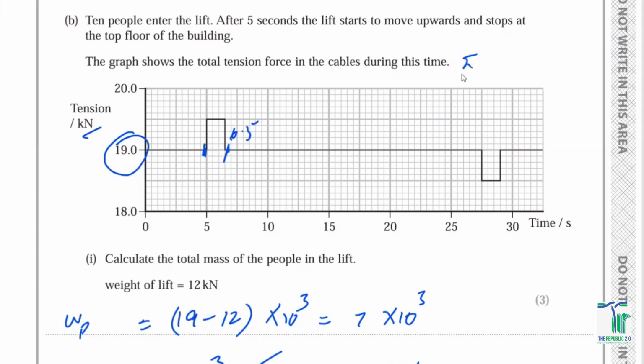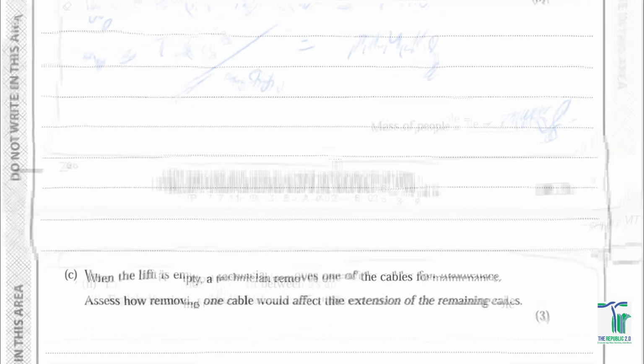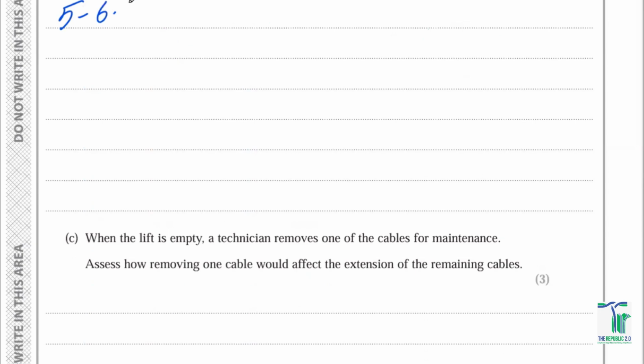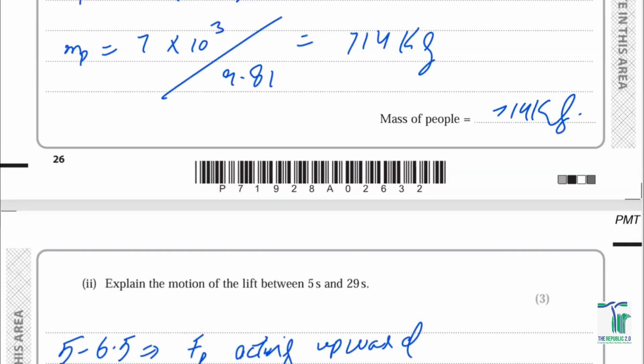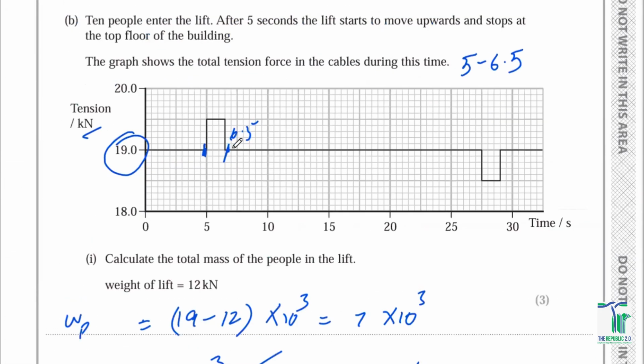So from 5 to 6.5, there was a resultant force acting upward on the cable. First of all, I'm just going to mention that from 5 to 6.5, there is a resultant force acting upward. You should not write it like this. You just need the resultant force acting upward. A very good line. And we've got that.